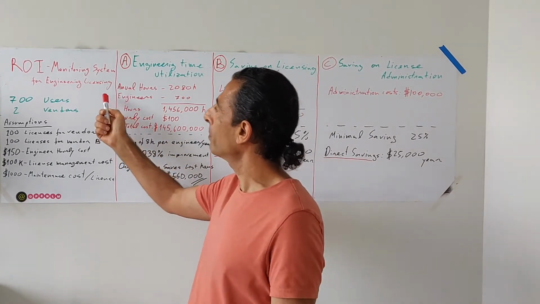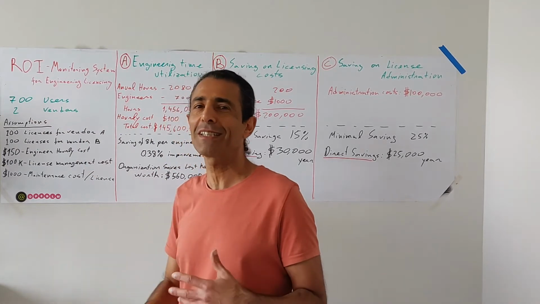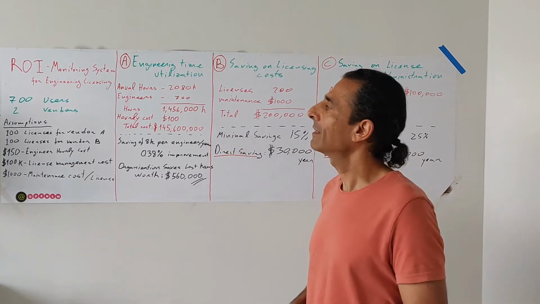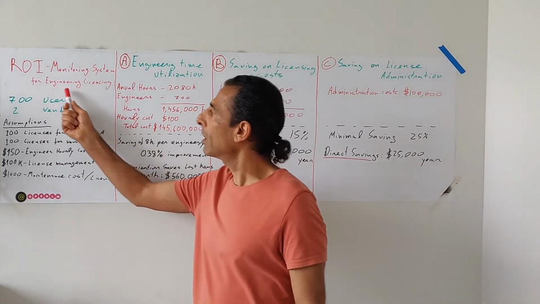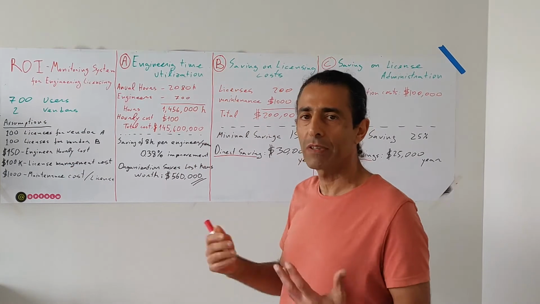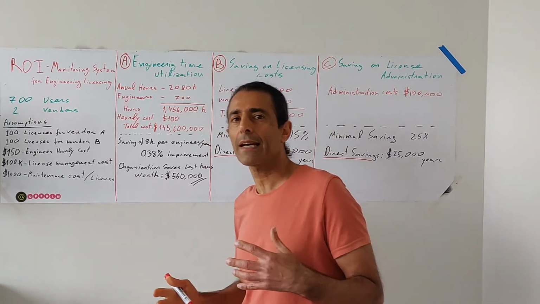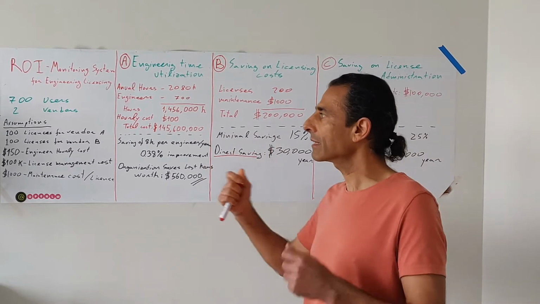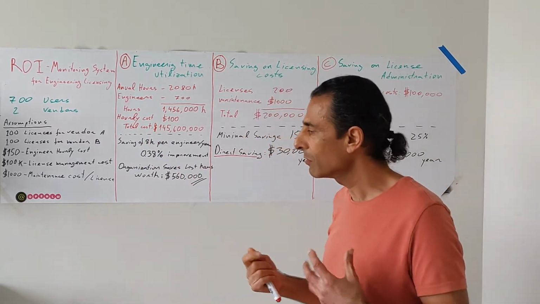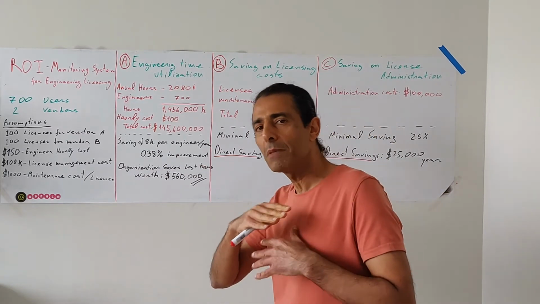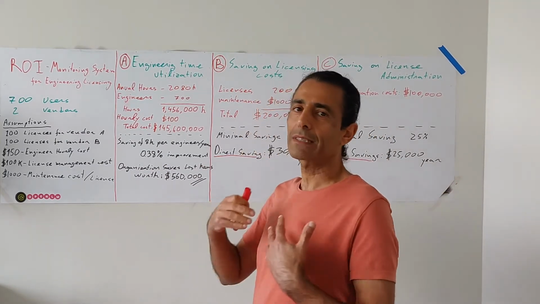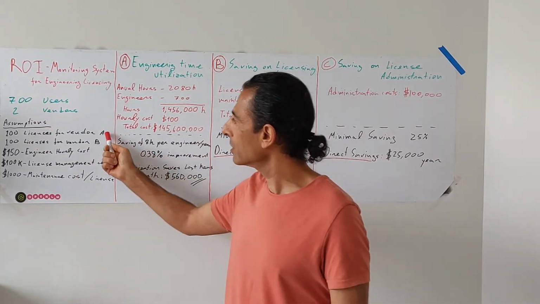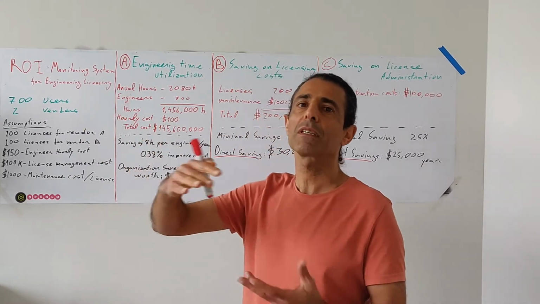So, the company is an advanced engineering company, super high tech, and we're talking about 700 users with 2 vendors. We're not sure exactly how many users are actually using the 2 different applications, so just in order to be very minimalistic, we took an assumption that 350 engineers are using one application and 350 are using the other.